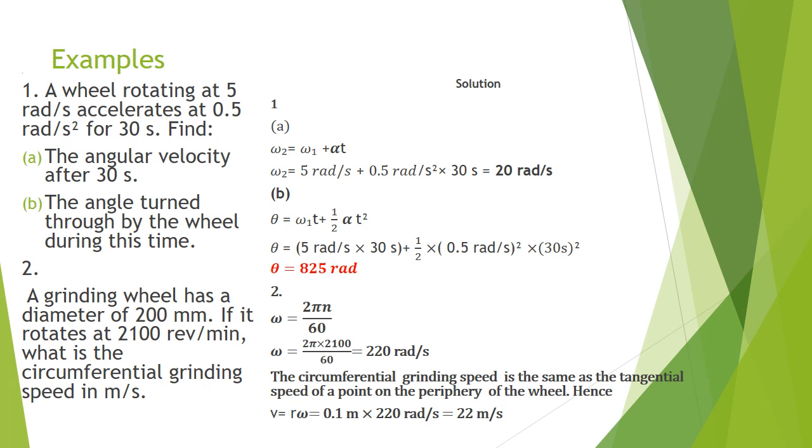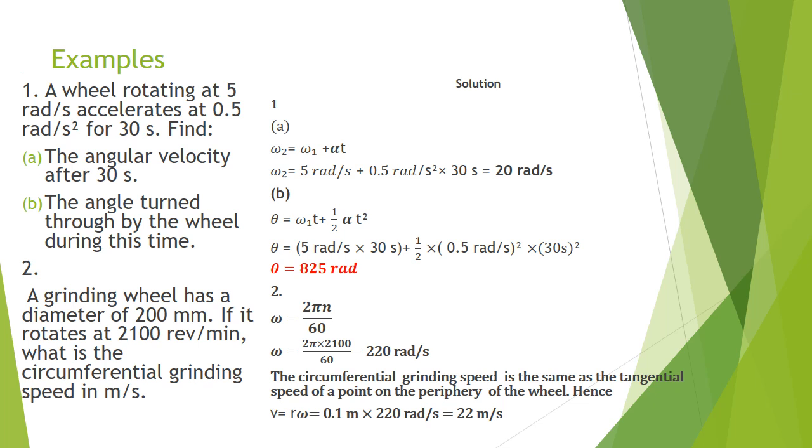So omega 2, which is the final angular velocity, is equal to, we plug in the initial angular velocity omega 1, 5 rad per second, plus the angular acceleration, 0.5 rad per second squared, times the value of t, which is 30 seconds. When you compute that, it will give us 20 rad per second.